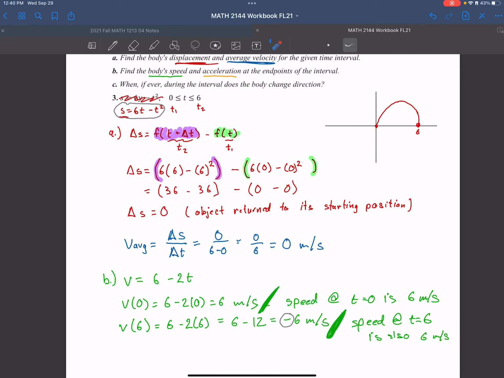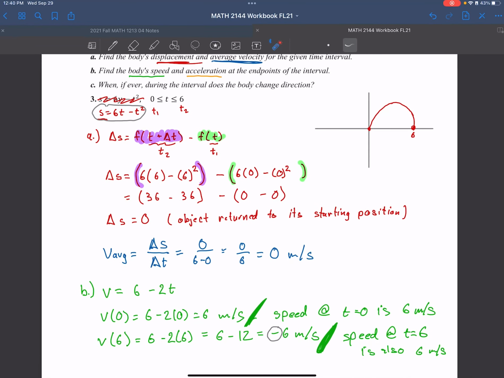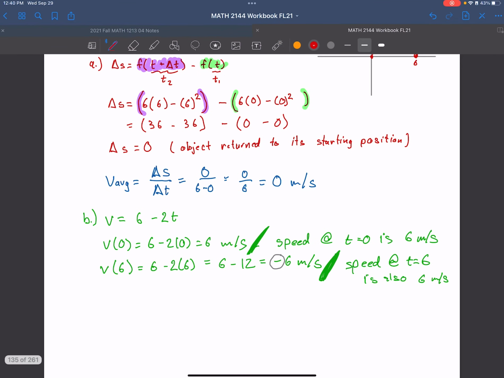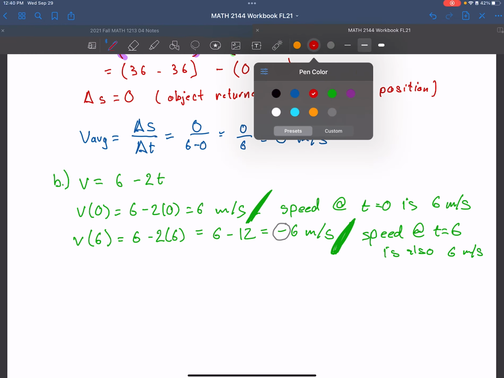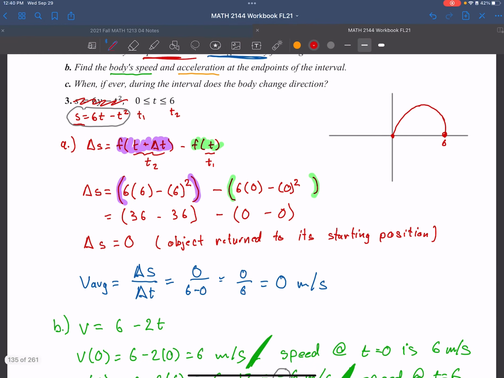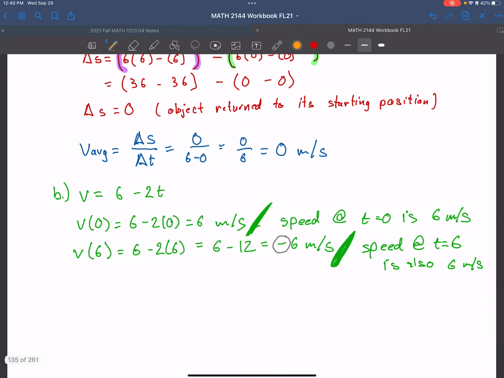All right, so what is the acceleration at the endpoints? If we consider the acceleration, what color did I choose there? I think I was choosing orange. The acceleration is going to be the derivative of the velocity, which is just going to be minus 2, right?